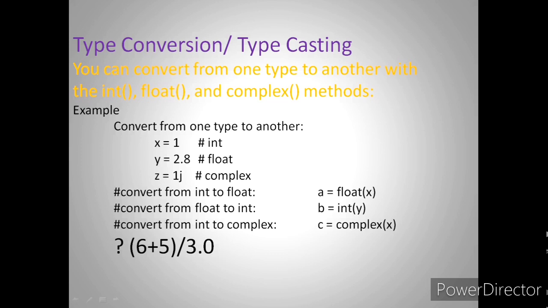So this conversion is known as which type of conversion? Sir, implicit. Implicit, very good. So implicit conversion is done by whom? By the interpreter itself, or by the compiler itself. So now we are able to understand the thing, isn't it?